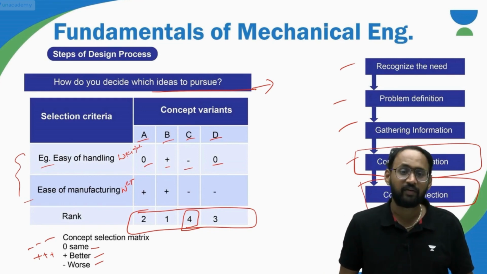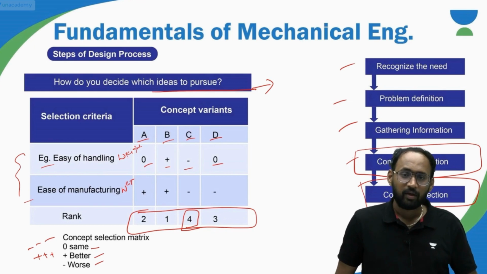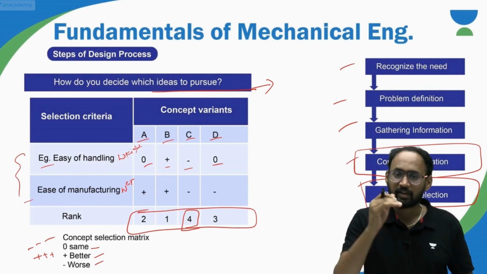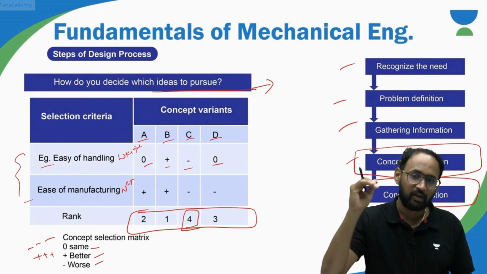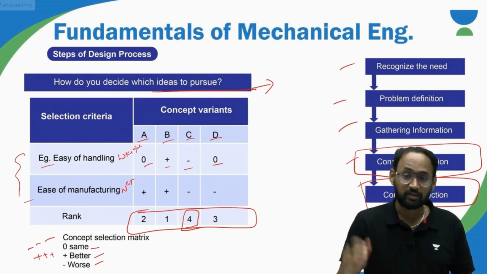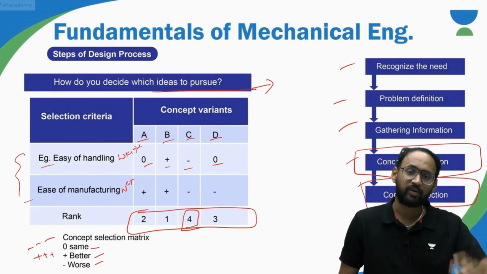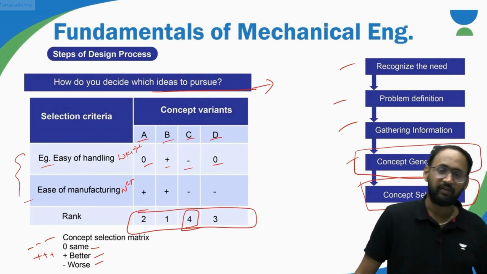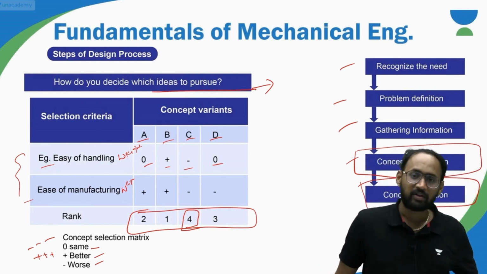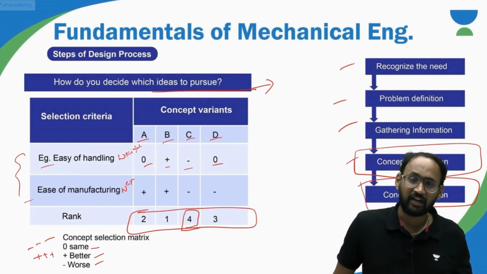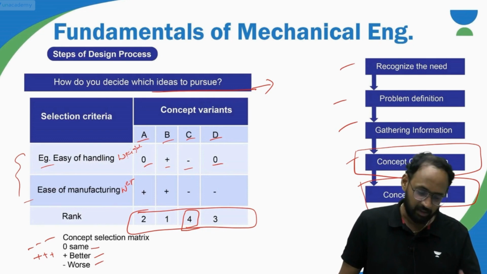Take any product or problem, write down various brainstorming ideas, and then select the concept with various selection criteria and rank it. This will be a very nice exercise, because you will be using it as a design engineer to select any particular design or concept.